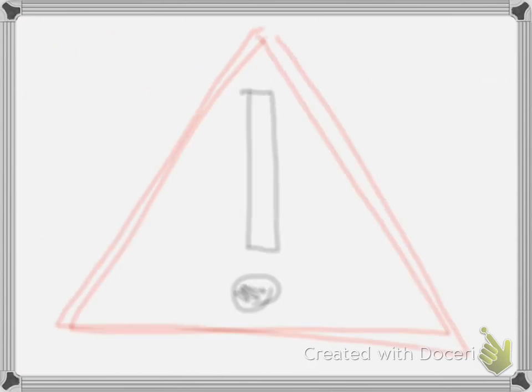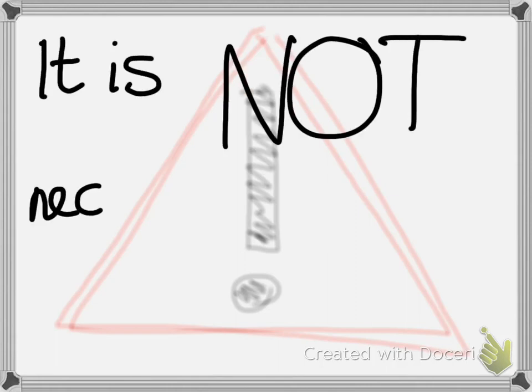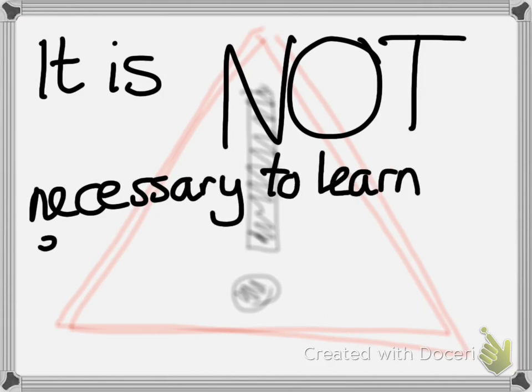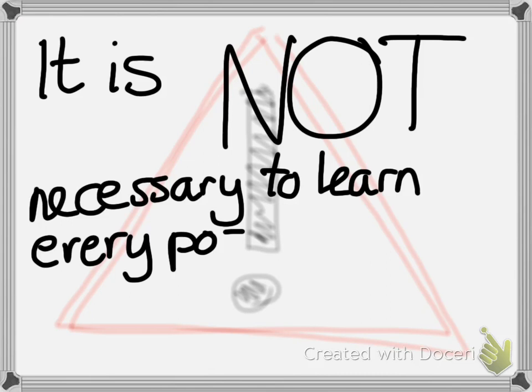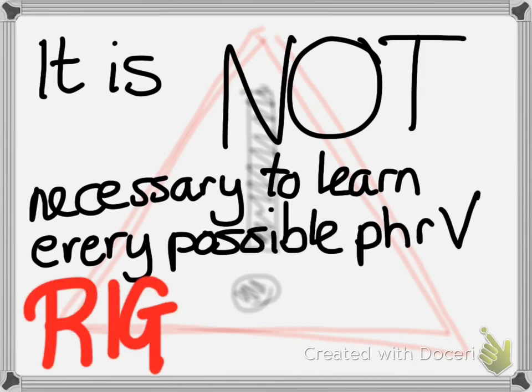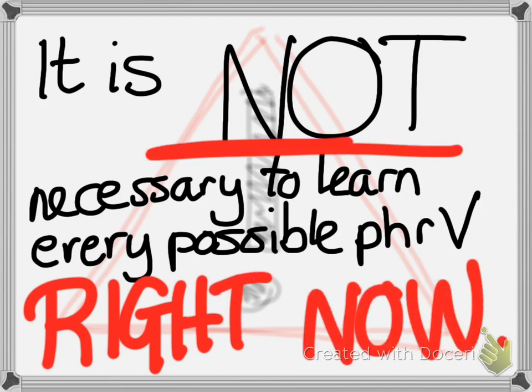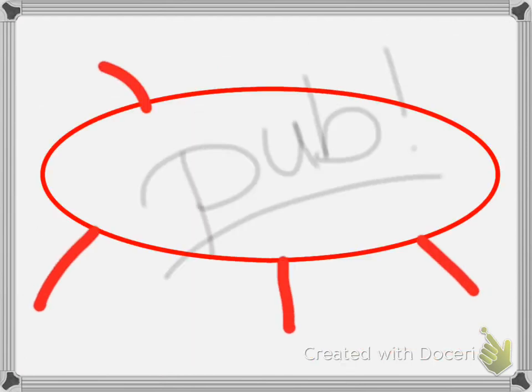And that way, once you start thinking of the contexts and you limit the phrasal verbs to the ones that you're actually going to use in your life, you realize that it's not necessary to learn every possible phrasal verb, especially right now. I don't even know how many phrasal verbs there are, but what I tell students is limit it to the number of phrasal verbs and limit it to the contexts that you're going to need.